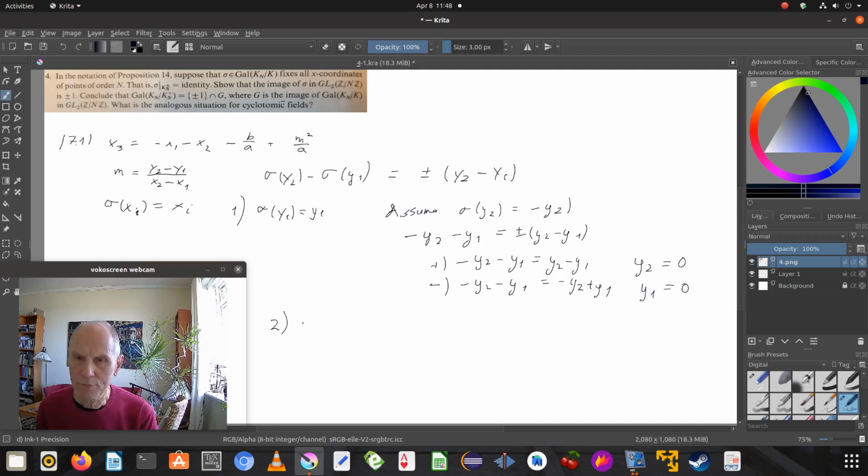And now it should be the same. We assume that sigma of y1 equals minus y1, and assume, to prove the contrary, that sigma of y2 equals y2.